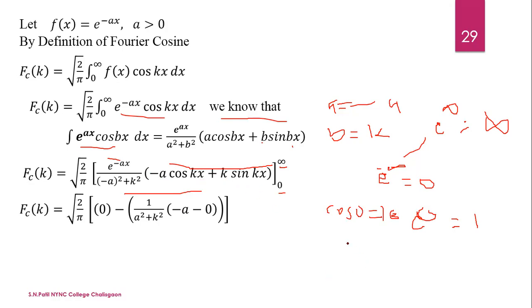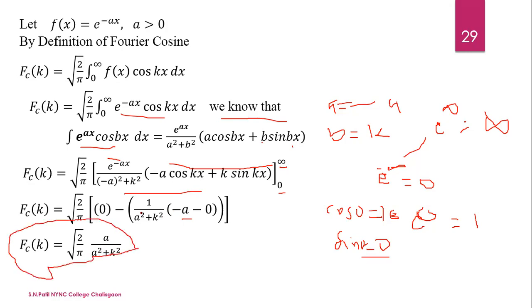Sine of 0 is 0, so the second term is 0. Now this minus sign is multiplied to minus 1, and minus 1 upon a square plus k square is multiplied to the minus a. Then we get only plus a upon a square plus k square. So this is the required Fourier cosine transform of e raised to minus ax.